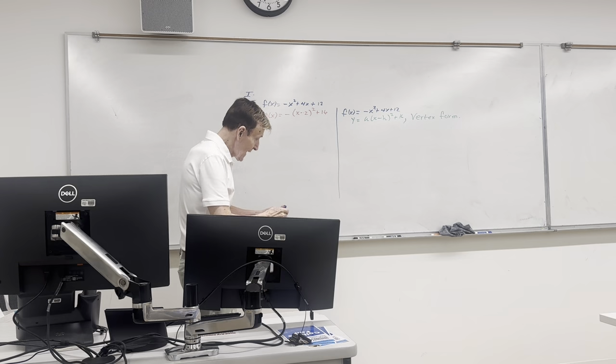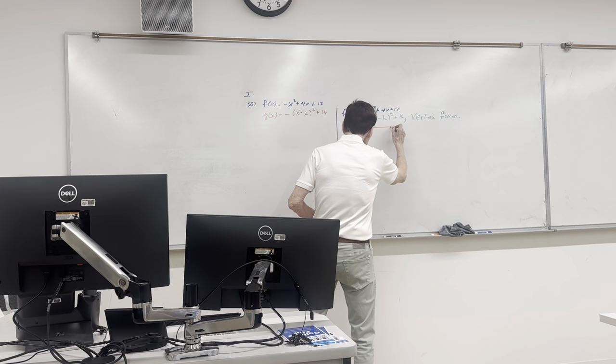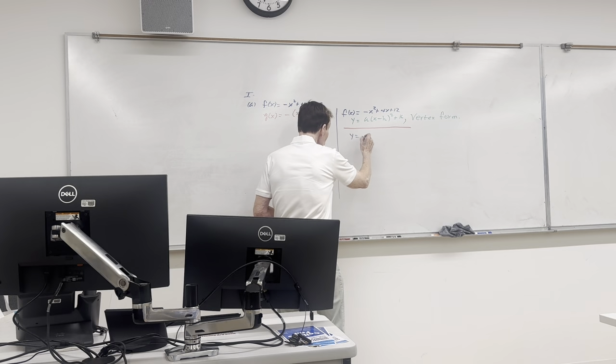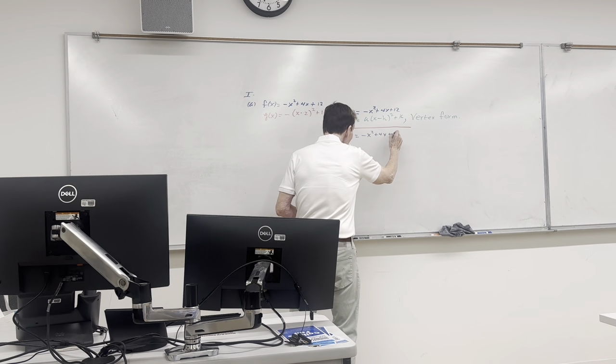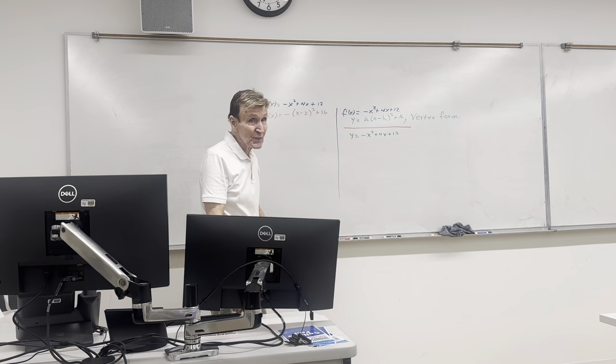How am I going to do that, guys? It's going to require completion of the square. So we'll go back to the blue, trying to keep all these colors the same. I'm going to rewrite this with a y rather than f of x. Now watch carefully. There's the original blue. I want to complete the square on it.